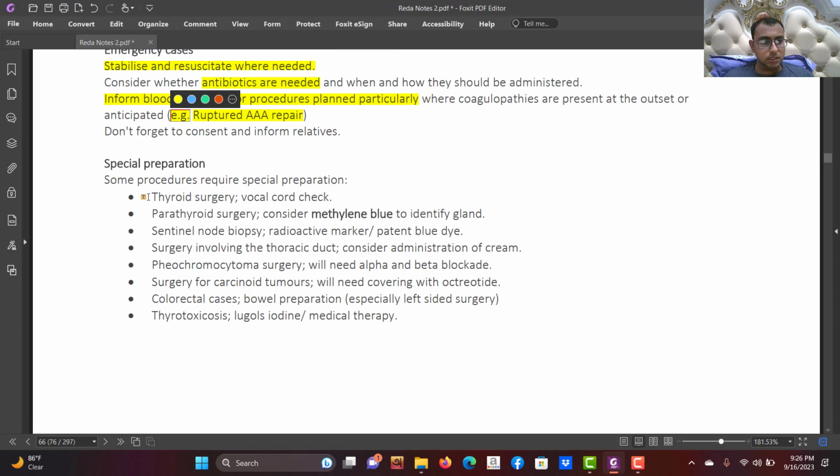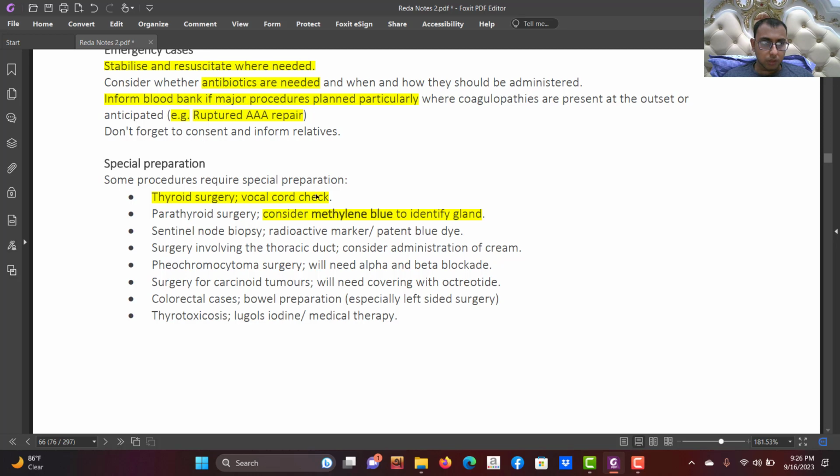Special preparation: thyroid surgery, vocal cord check. Parathyroid surgery, consider methylene blue to identify glands. Yes, there are some special preparations because some patients have hypothyroidism or hyperthyroidism, and that's why we have to manage the thyroid status first.